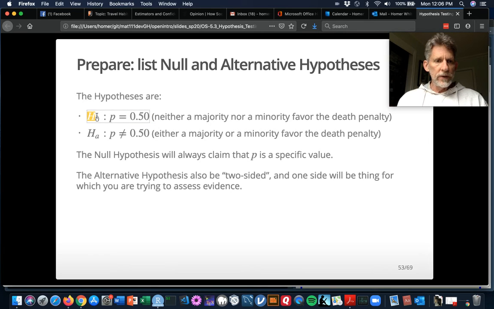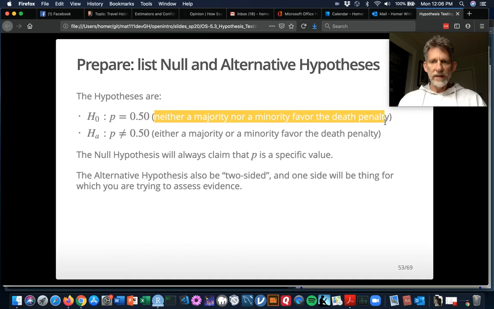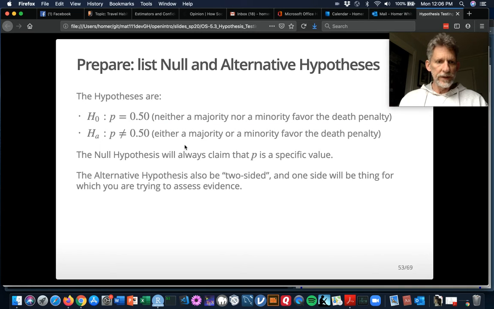So we'll have the null hypothesis say that P is 0.05. That's equivalent to saying that neither a majority nor a minority of all US adults favor the death penalty. And the alternative hypothesis just disagrees with that.